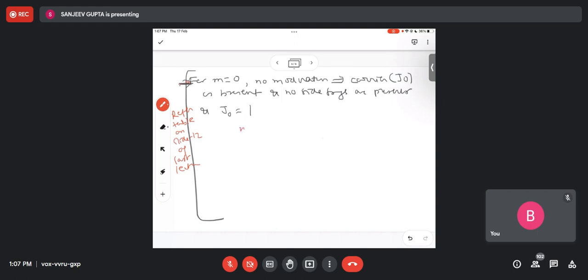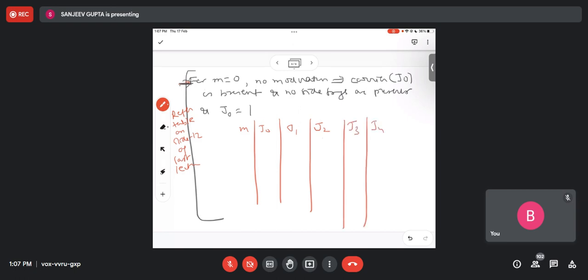So I'll put it like this. M, then we have J0, J1, J2, J3, J4, J5, just reproducing it slightly in a different form. So for 0, it was 1.00, and no components were there. That was the point for M equal to 0: there was no modulation, only carrier amplitude.